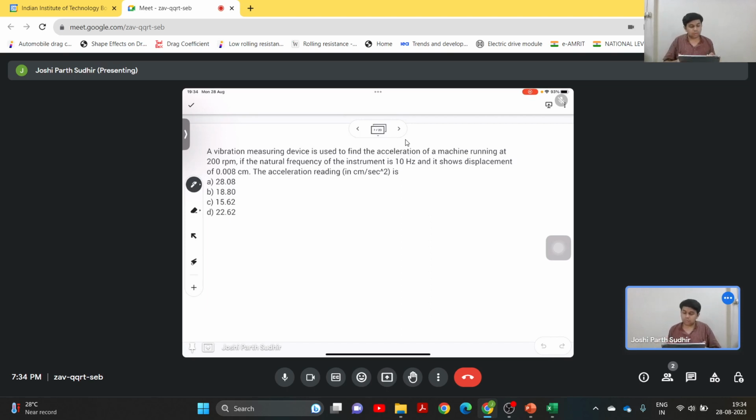So we again go back to our original equation for any vibration measuring instrument, which is Z by Y is equal to r square upon square root of (1 minus r square) the whole square plus (2 zeta r) whole square.